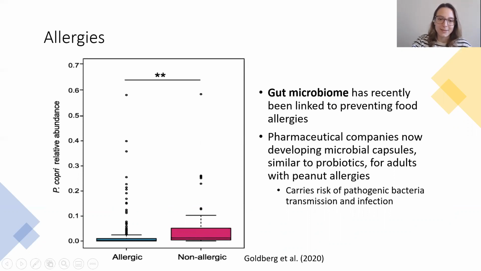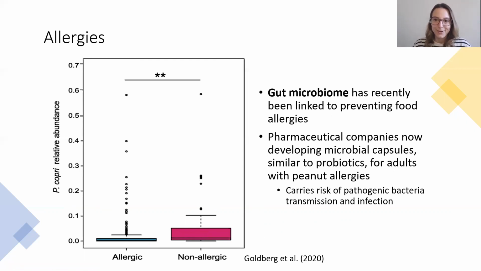You can see that in this particular study here, where they're looking at the abundance of this particular bacteria, which they think is one of the ones that are really important in terms of its potential link to allergies. They saw that there was much more of this particular bacteria in the gut of people who didn't have allergies in their case control study.